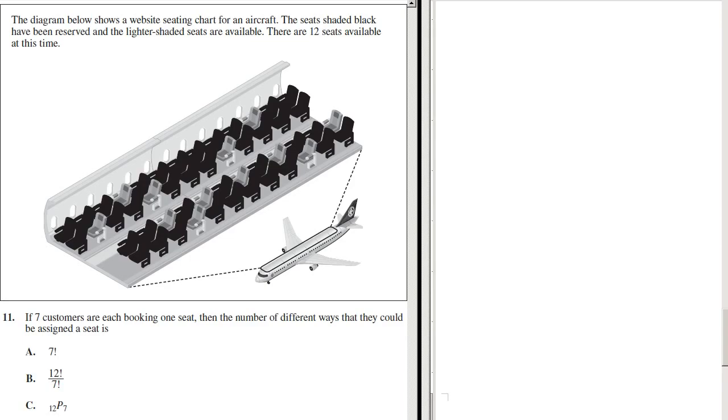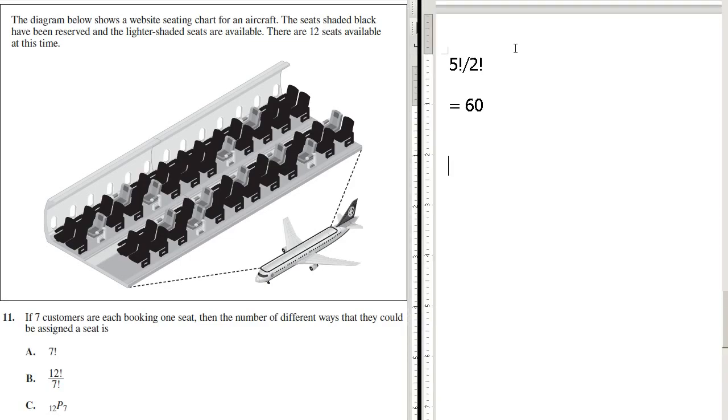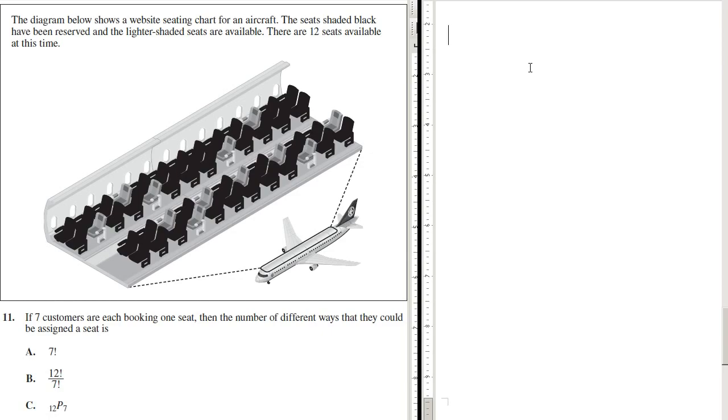But another way of talking this through is to say that the first customer has 12 seats to choose from, so that's 12. The next customer, there's 11 remaining, so 11 different choices. And the next 10, and then 9, then 8, then 7, then 6.